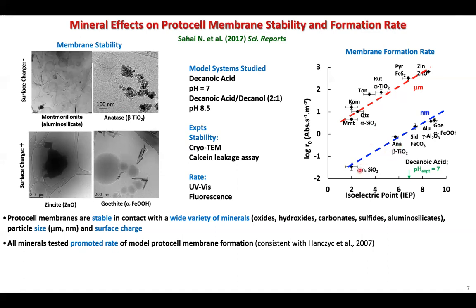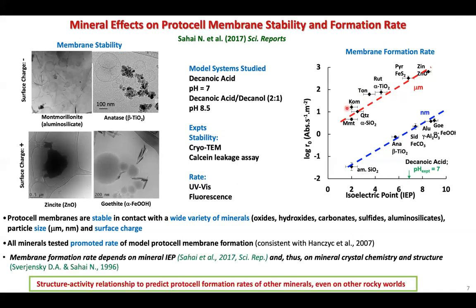Similarly, amorphous silica is similar to quartz, which is crystalline silica, but particle size is different, and also this is amorphous and this is crystalline. Even whole rock like komatiite and whole rock like tonalite, which represent primitive crust of the earth, follow these trends. So membrane formation rate depends on mineral isoelectric point.